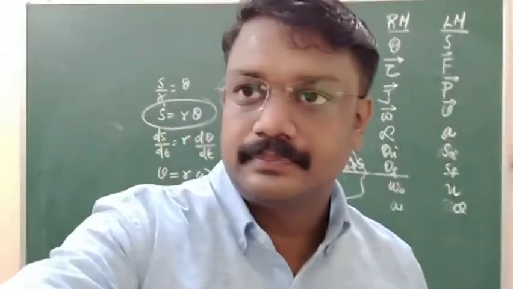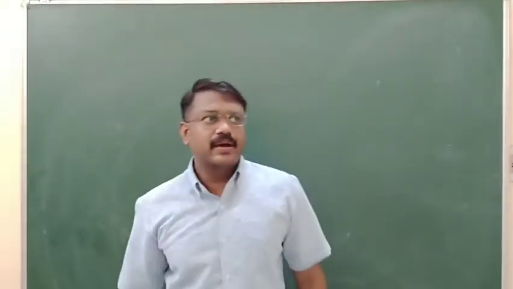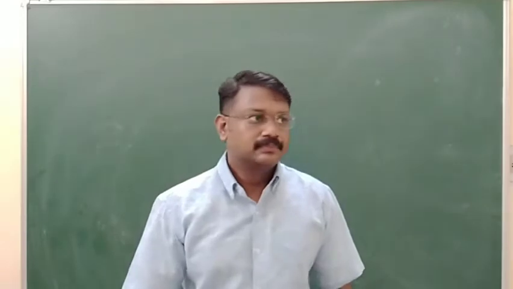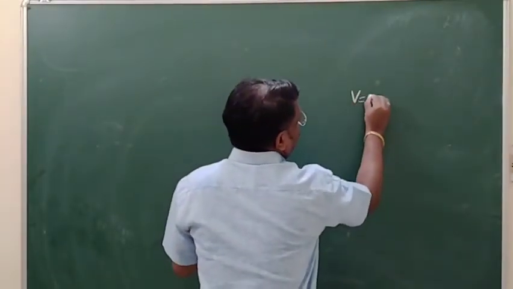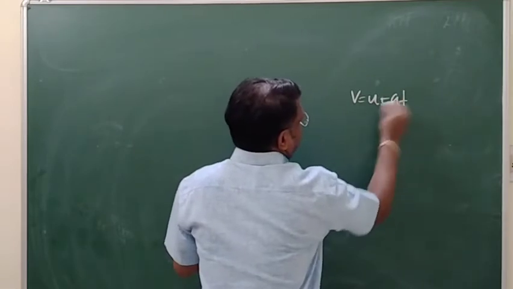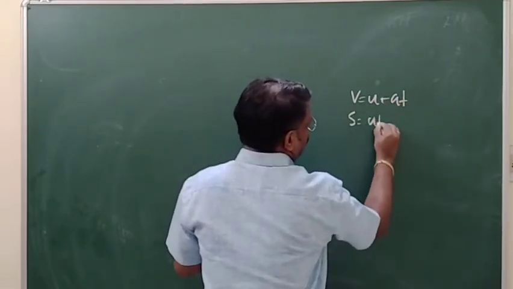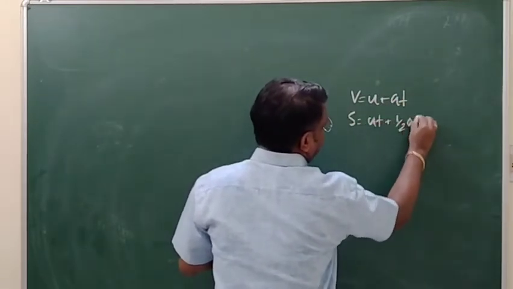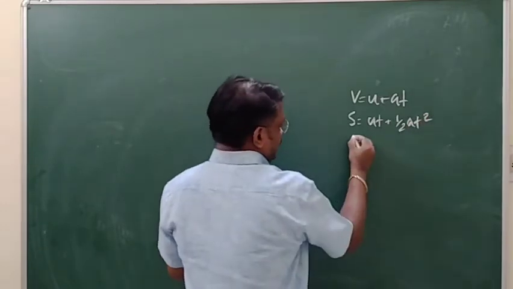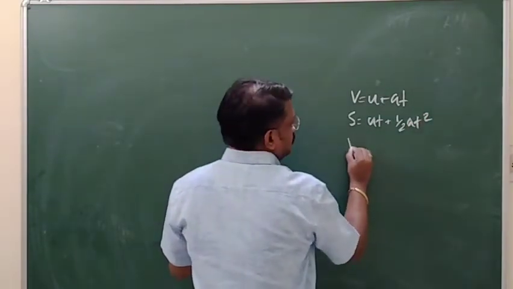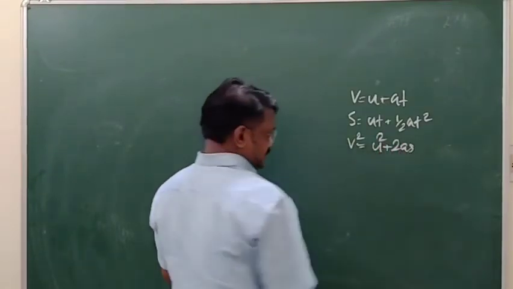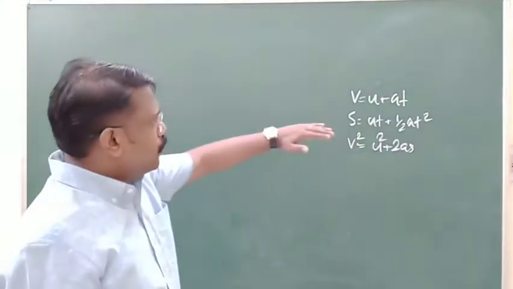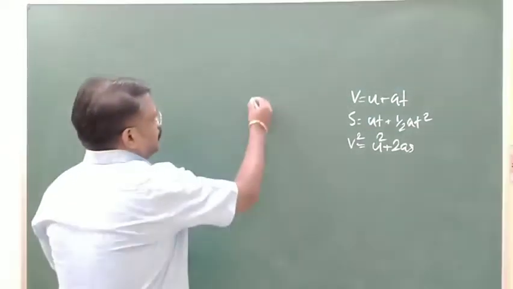And in linear motion we have equations of motion. The first equation is v is equal to u plus at, s equal to ut plus half at square, and v square is equal to u square plus 2as. What is the rotational analogy here?